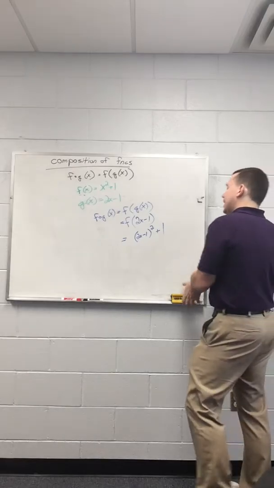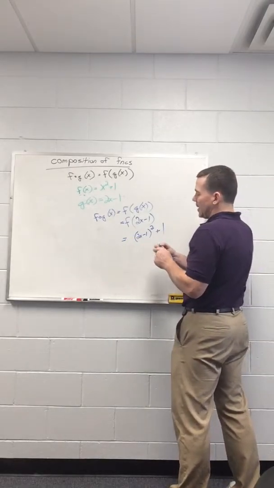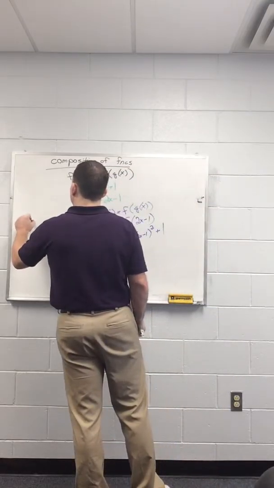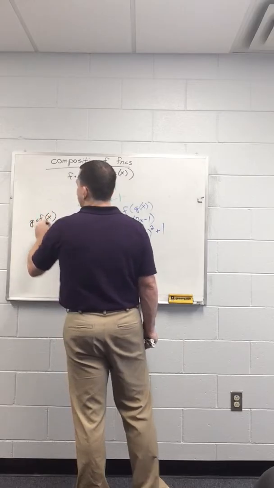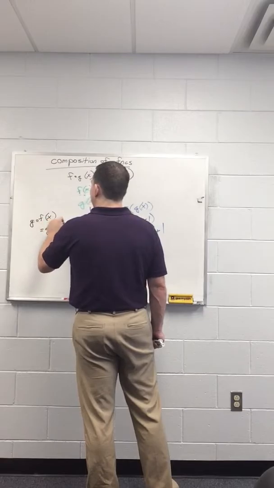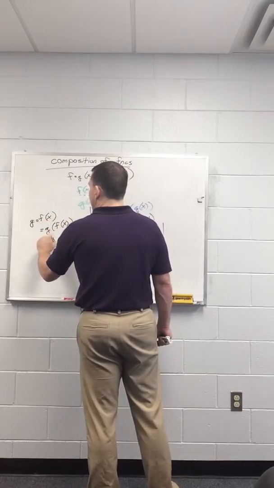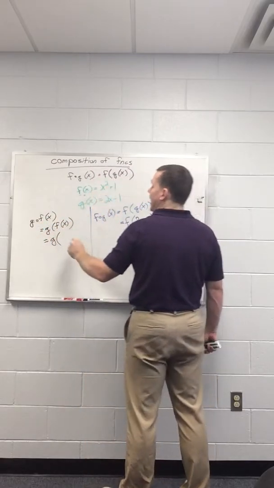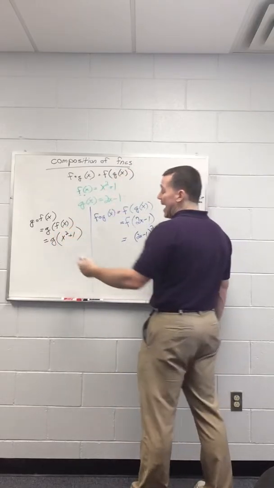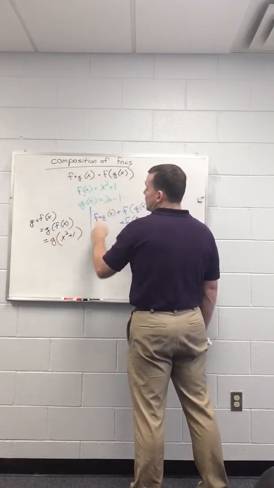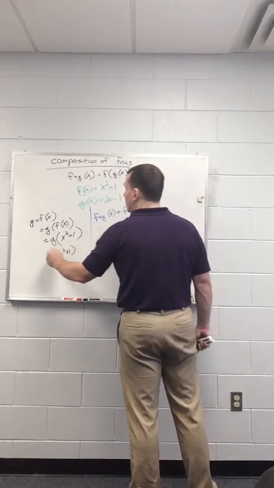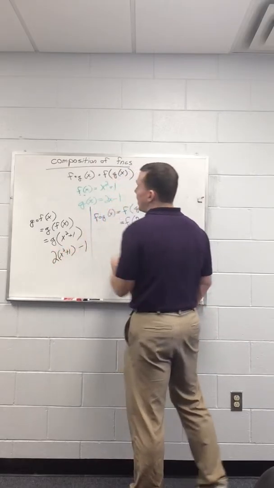So, just to make sure we have an idea of what's going on, we just did f circle g of x. Now over here, we're going to do g circle f of x. So do the same thing. g circle f of x is g of f of x, which is g of, what's f of x? x squared plus 1. Now, I apply g to that. What does g do? It takes whatever you plug in, x squared plus 1, multiplies it by 2, and then subtracts 1 from it.